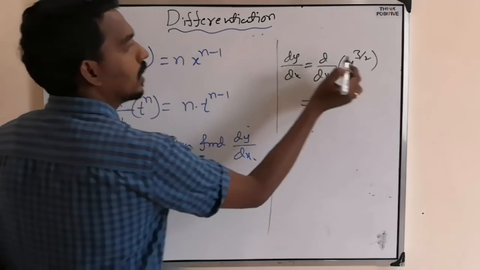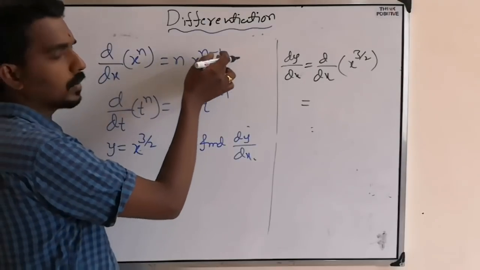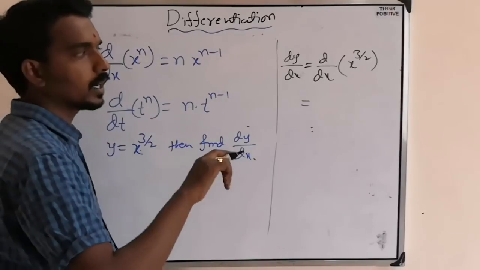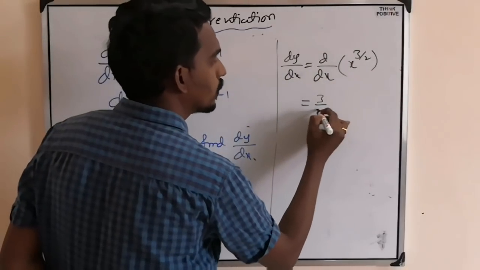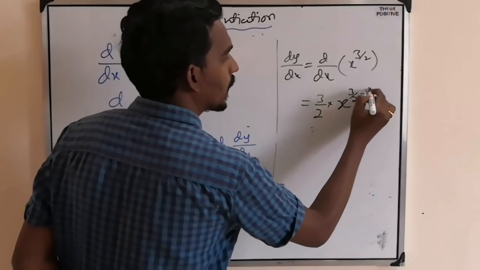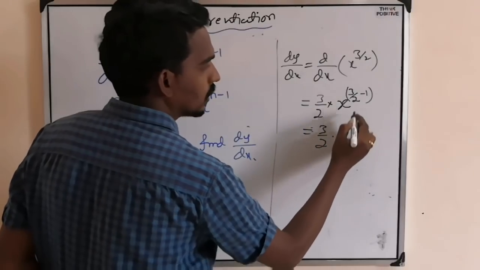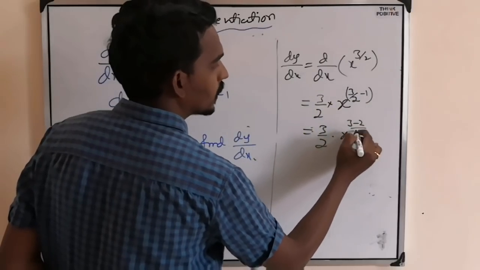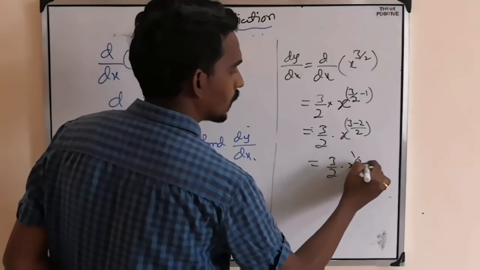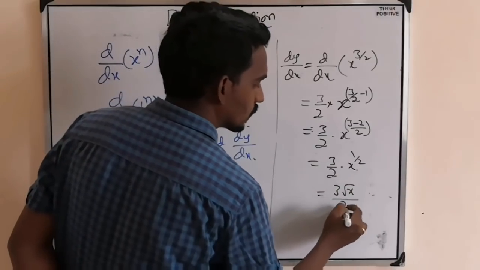So in place of n, how much is there? 3 by 2. What is the formula? n into x power n minus 1. Power into, and power reduces by 1. So here power is 3 by 2. Power into x power 3 by 2 minus 1. So 3 by 2 into x power, if you take LCM, 3 minus 2 by 2, equal to 3 by 2 x power 1 by 2. But x power 1 by 2 is nothing but root x.